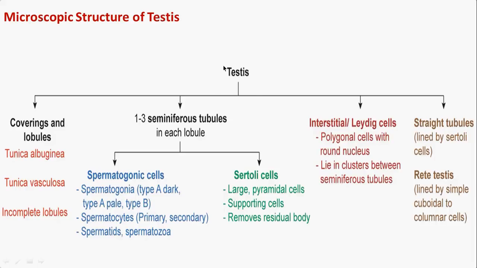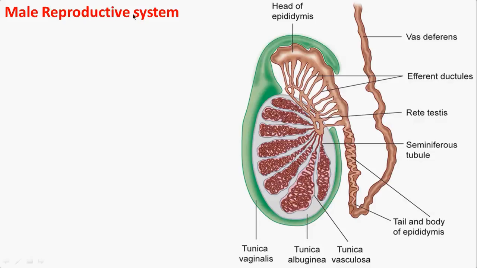This is the cross section of the testis, and we will see some of the structures. Here you can see a section of the testis in which you can see three layers: the tunica vaginalis, the tunica albuginea, and the tunica vasculosa. This is the seminiferous tubule.